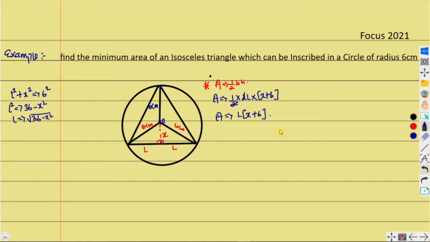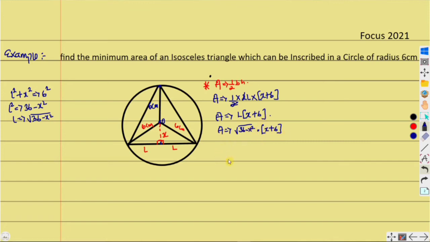So where I see L in my equation here, I can say A is equal to, I want to make it one variable before I actually differentiate, A equals L, the value being the square root of 36 minus x squared, multiplied by x plus 6. So this is the relationship of the area of an isosceles triangle in terms of what?